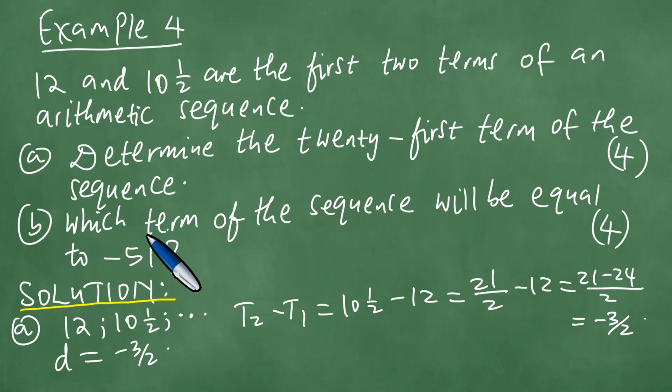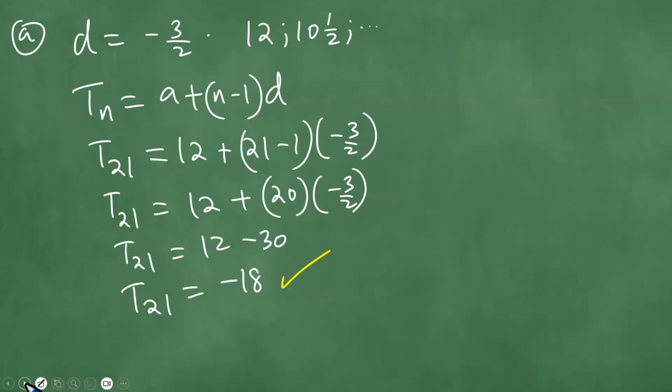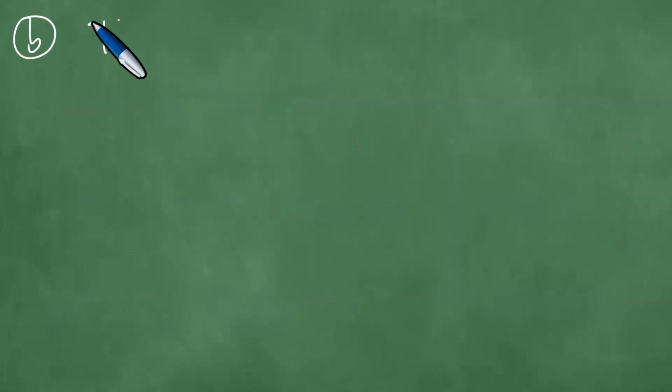They're interested in knowing which term. Is it term number 1? Is it term number 2? Is it term number 3? Is it term number 4? So in other words, there is a term that is minus 51.